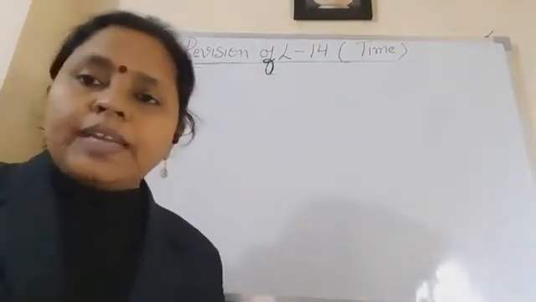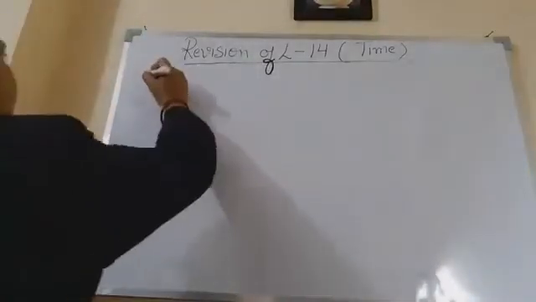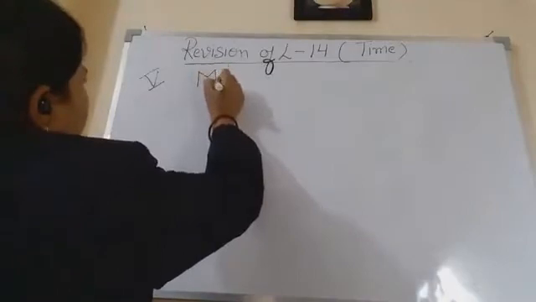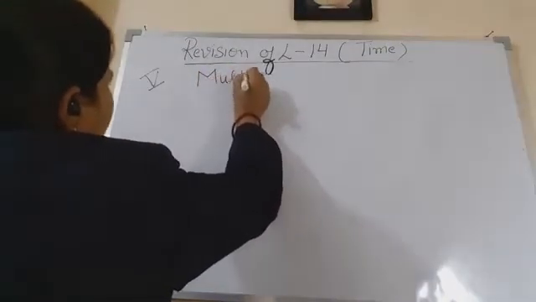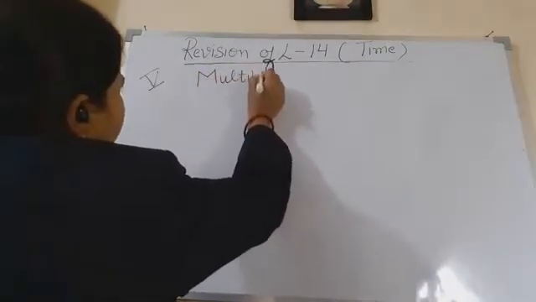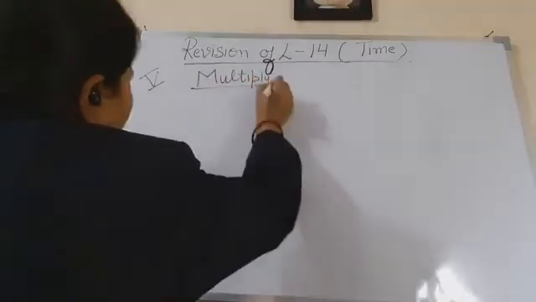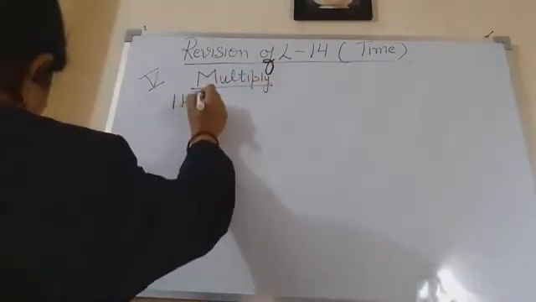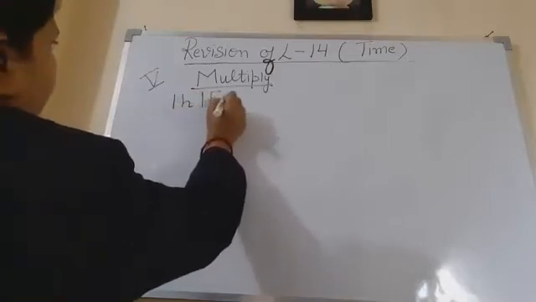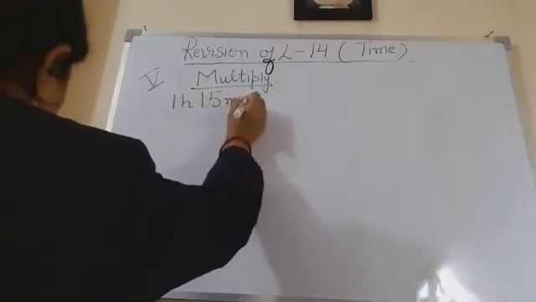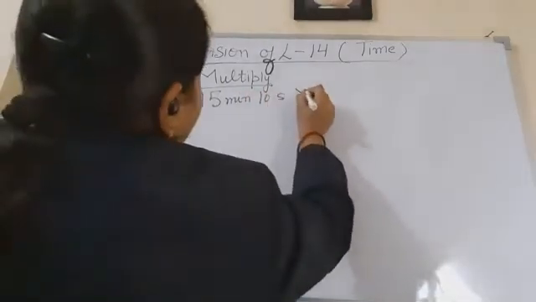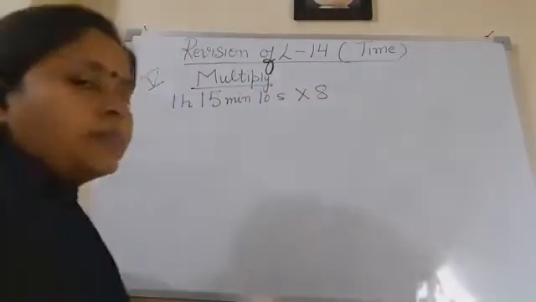So now children, let's come to the 5th question. Here we have to multiply. So let us see what we are going to multiply. Well, we will multiply 1 hour 15 minutes 10 seconds by 8, right?